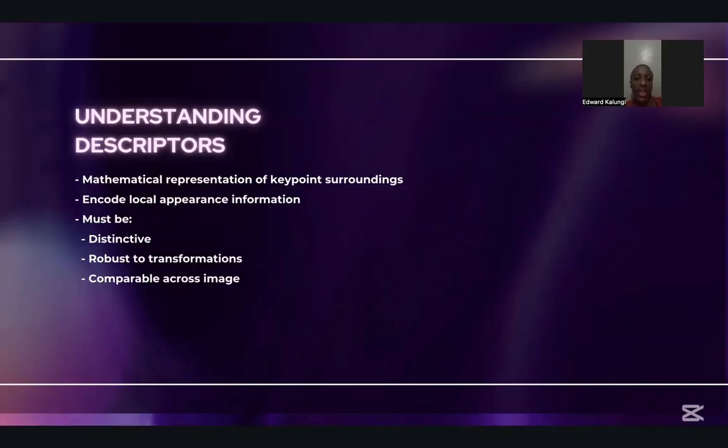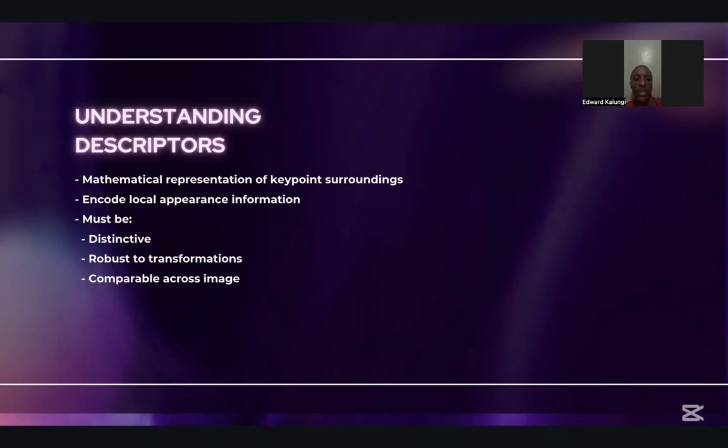Descriptors are computed after detecting key points and encode information about the surrounding pixel intensities or patterns in a way that is robust to various transformations such as scale, rotation and illumination changes. Key points tell us where the interesting points in an image are, and descriptors help us understand what these key points look like.